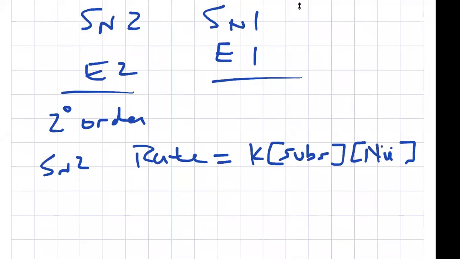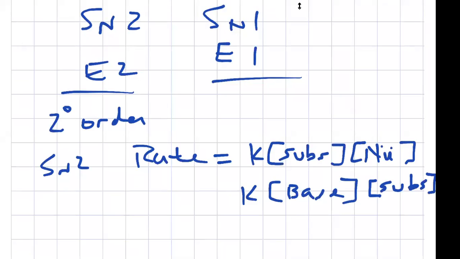For E2, it's very similar, just instead of a nucleophile, it's a base. So the base times substrate for E2, and the nucleophile times the substrate for SN2. That's what we mean by second order.